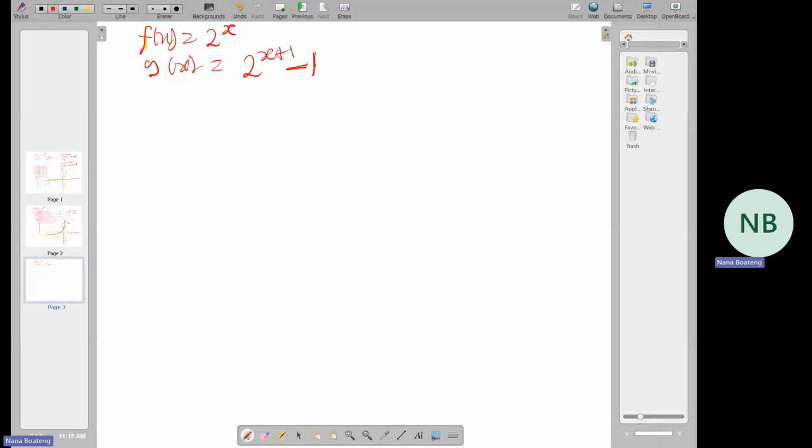I have my blackboard here. So we have f of x is equal to 2 power x, and h of x is equal to 2 power x plus 2, and minus 1.